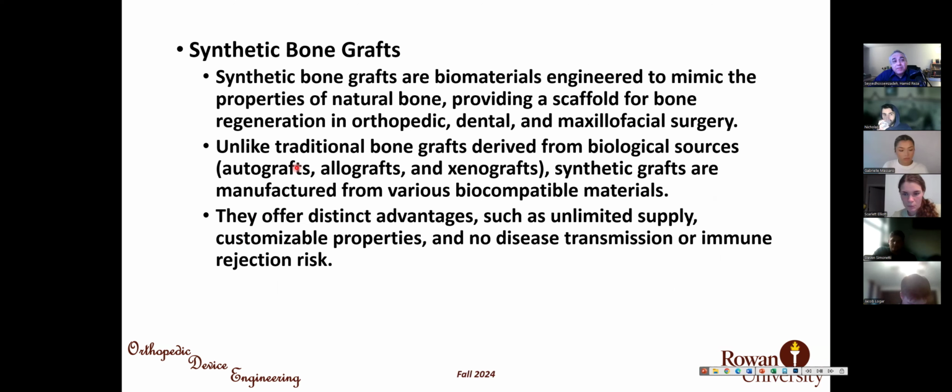With synthetic bone grafts, you have an unlimited source of bone grafts, but the problem with them is they don't have cells inside them, so they don't provide osteogenic property, and they usually act only as osteoconductive. A few of them provide osteoinduction property, but most of them are only osteoconductive.